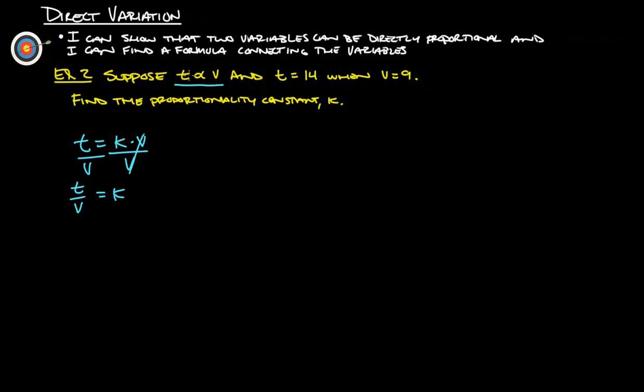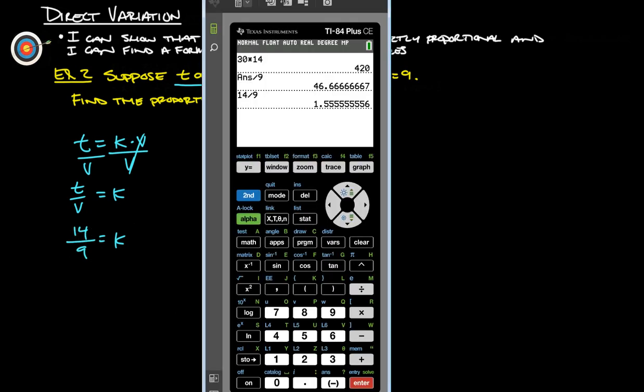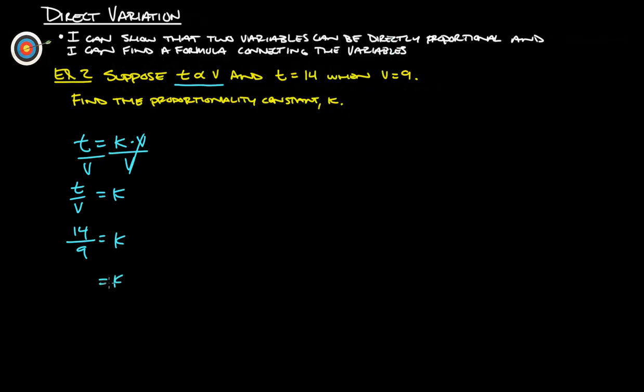The first variable is always the numerator, and whatever it varies directly with, v, is the denominator. In this case t is 14 and v is 9, so 14 divided by 9 gives k equals 1.56, our proportionality constant.